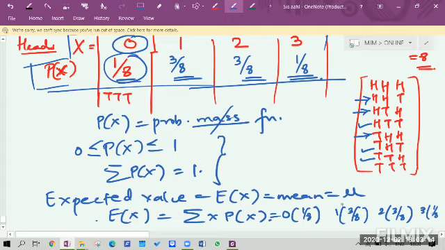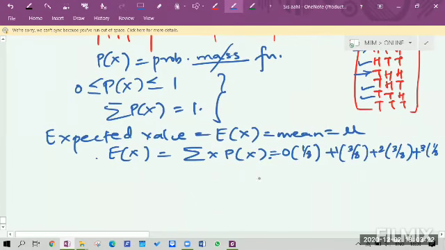Do you understand this? And since it is a summation, you add these, and that's your answer. Am I very clear with this? So this is the way you find out the expected value.